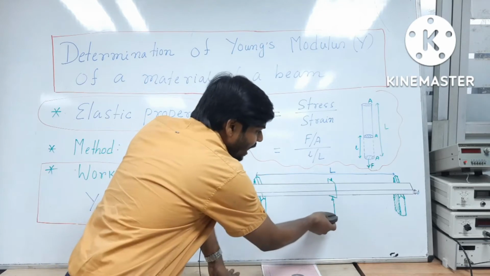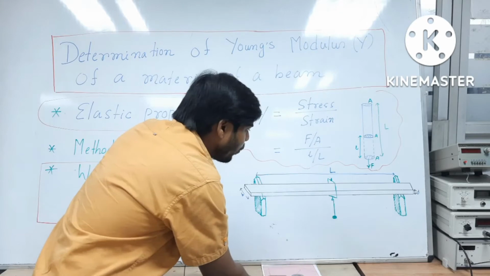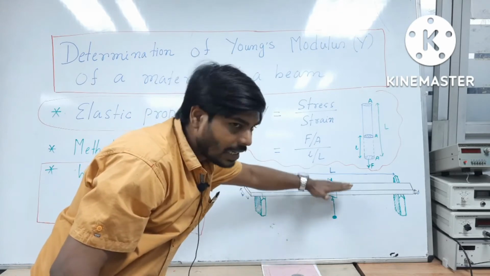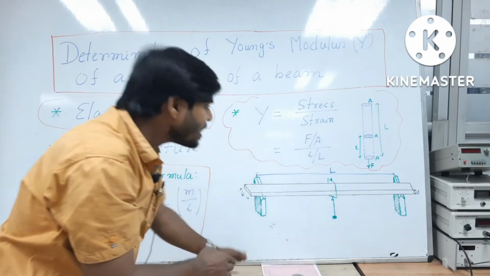So when you place this load, it is almost 500 gram, there will be a microscopic depression, bending of this beam. So how to measure this bending?